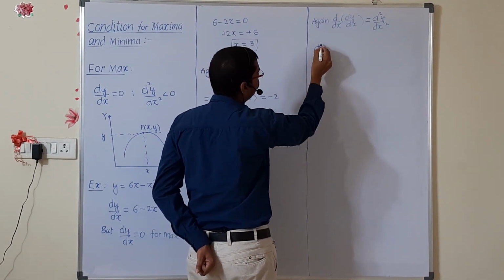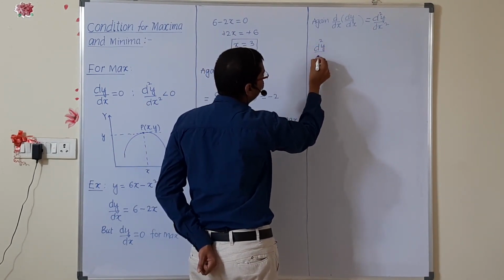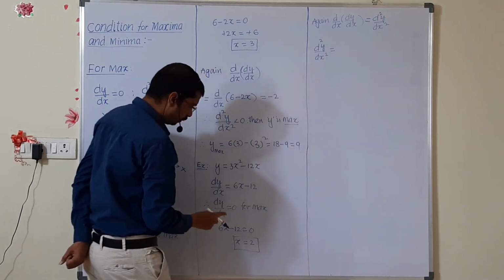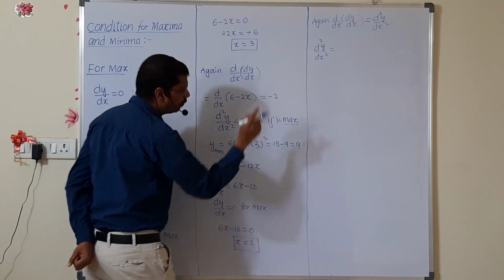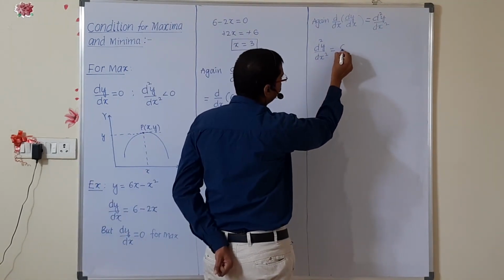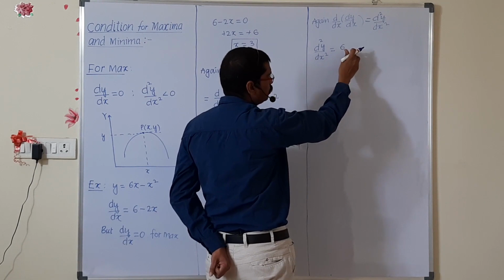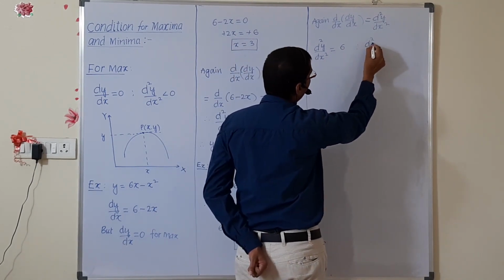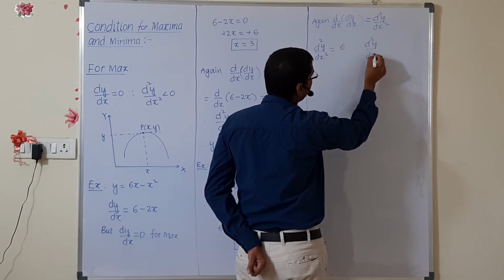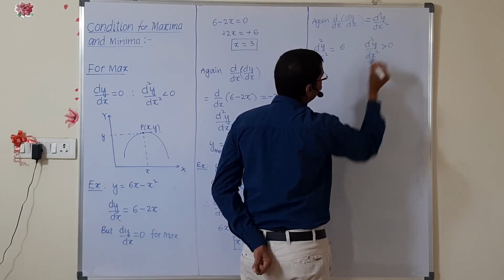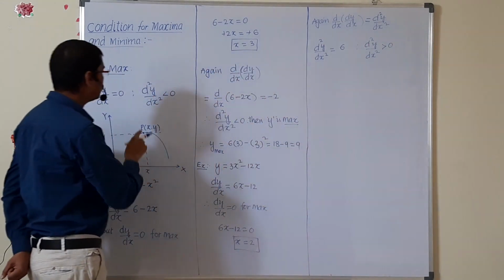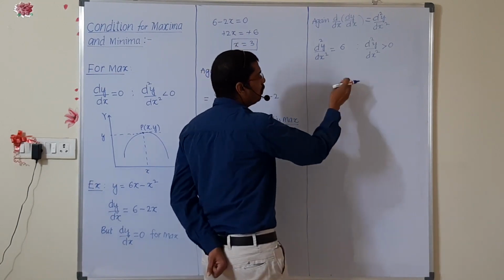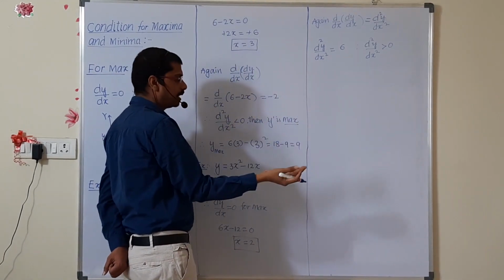Now I am writing here d²y/dx² is equal to 6x minus 12. 6x becomes 6, minus 12 divided by 0. That means d²y/dx² is greater than 0. Greater than 0 means this condition for maximum is not satisfied, so it should not be a maximum value. What will happen? Minimum. Next we are going to discuss that condition.